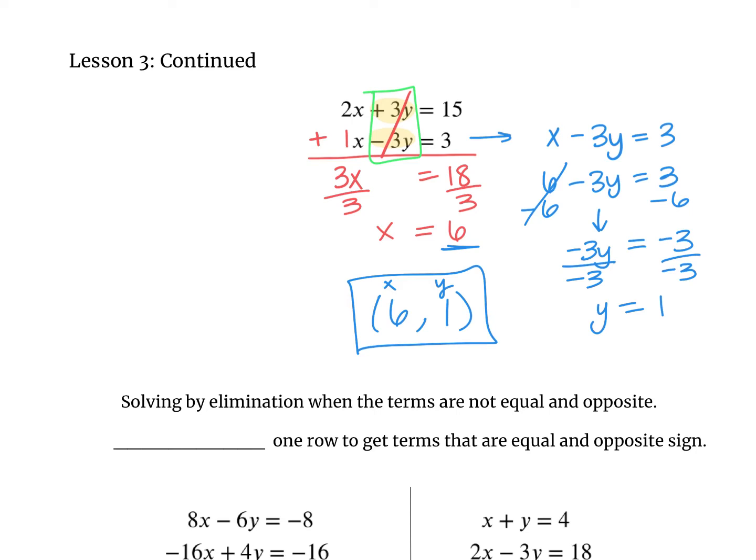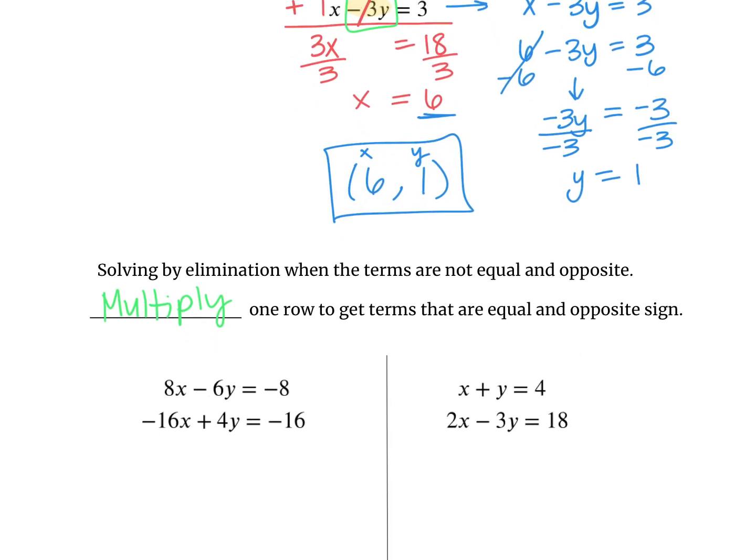These next two problems, we're not going to have that, okay? So we're not going to have the equal and opposite signs already there for us. So we actually have to make it happen ourselves. And to do this, we're going to multiply one row to get terms that are equal and opposite. Okay?